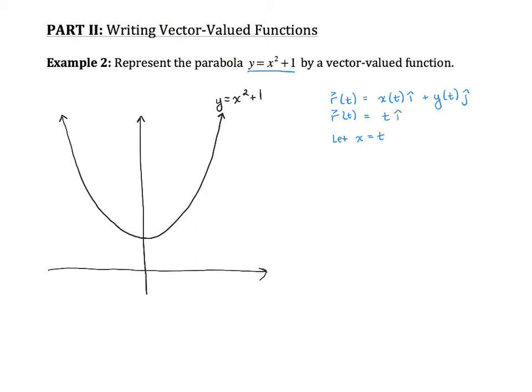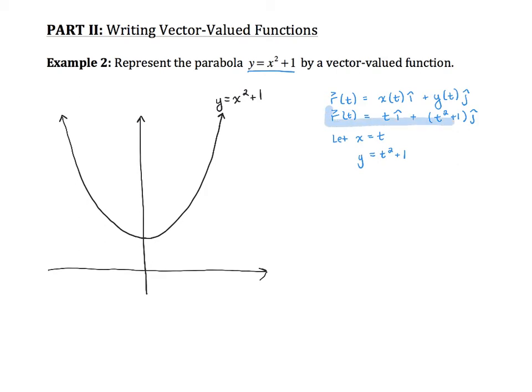t i, and then plus, well, if x is equal to t, then that means that y is equal to t squared plus 1. Okay, so then plus t squared plus 1 j hat. And so that's going to be enough to do it.